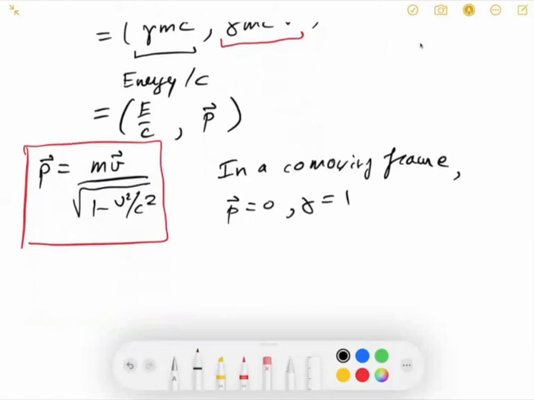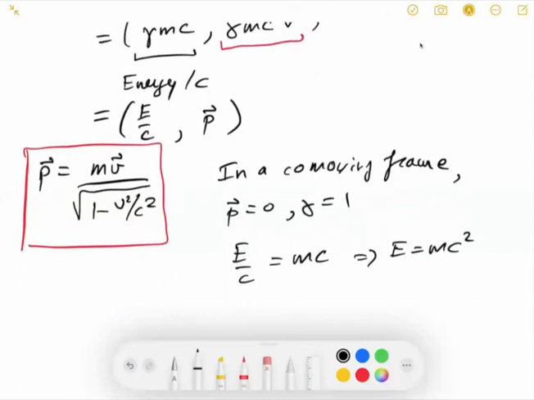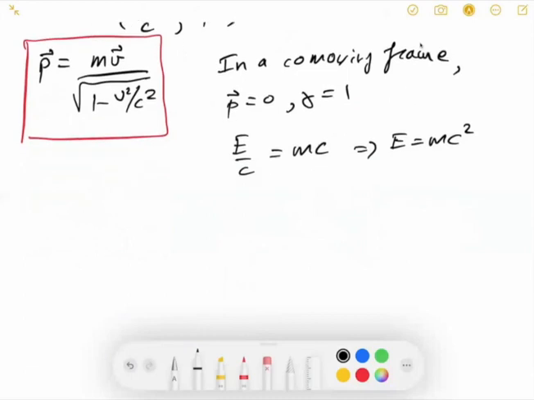All right, now check this out. If the energy over C is mc, then that means E is mc squared. Da-da-da. Okay, so we have this property, which in the rest system is mc squared.